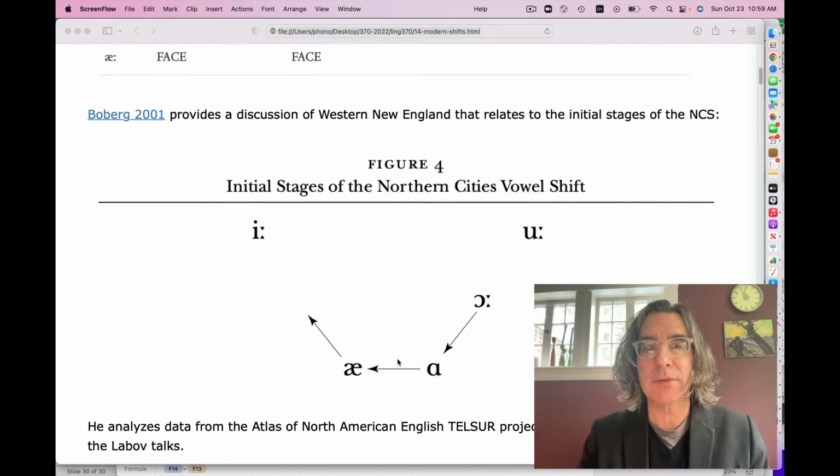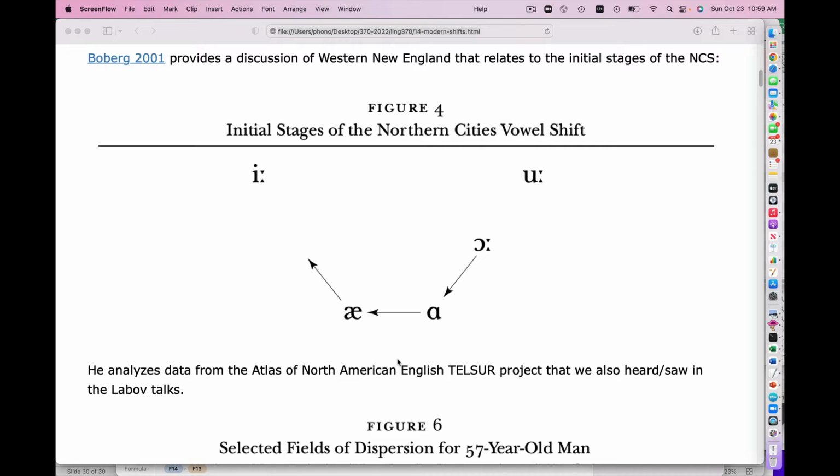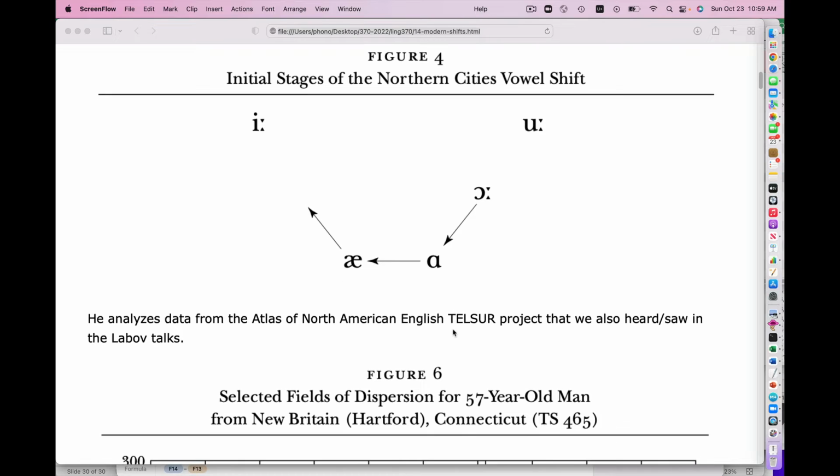Boberg has a nice discussion of Western New England, and now we're going to start to talk about the vowels around here that relates to the initial stages of the Northern Cities shift. So the initial stages, recall that æ raises, and it pulls ɑ front, and then ɔ goes down as well.